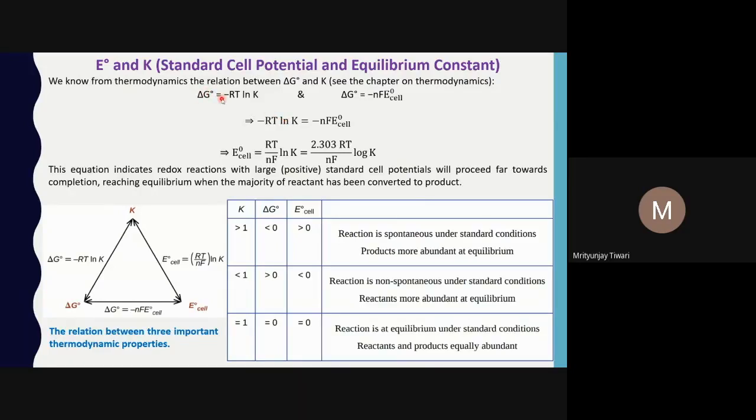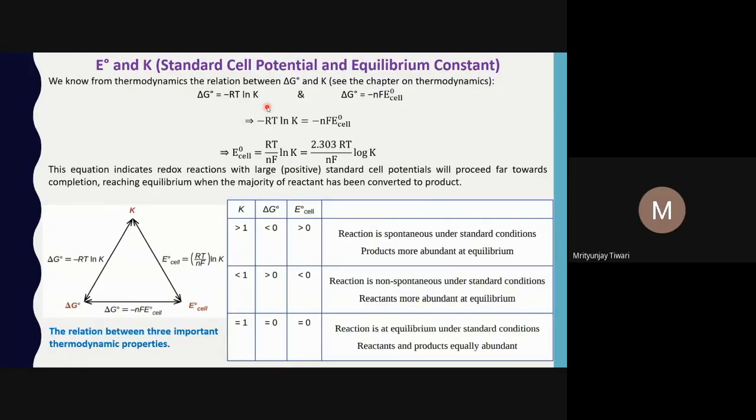Usually, the equation is delta G, not in standard condition, is equal to delta G naught plus RT ln Q, where delta G naught is the free energy change in the standard condition, and there we write ln Q, where Q is the reaction quotient. This reaction quotient, if you remember, contains the concentrations of products and reactants at any time, not only at equilibrium.